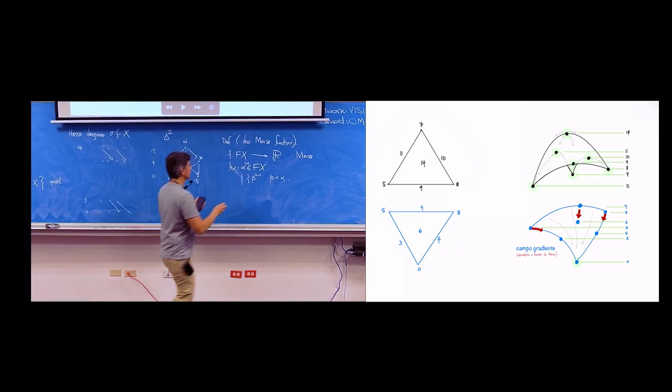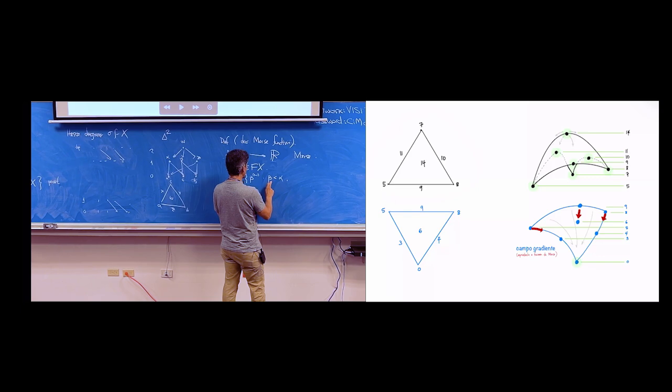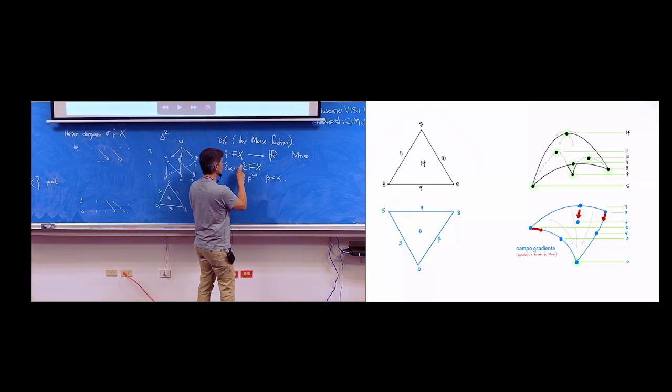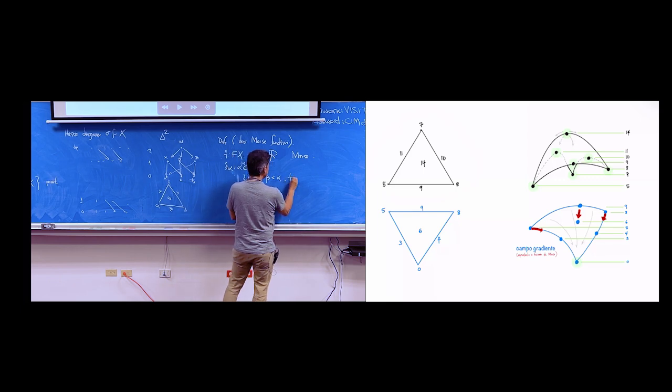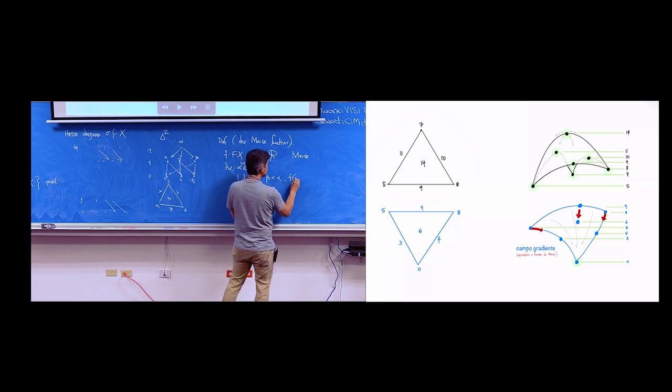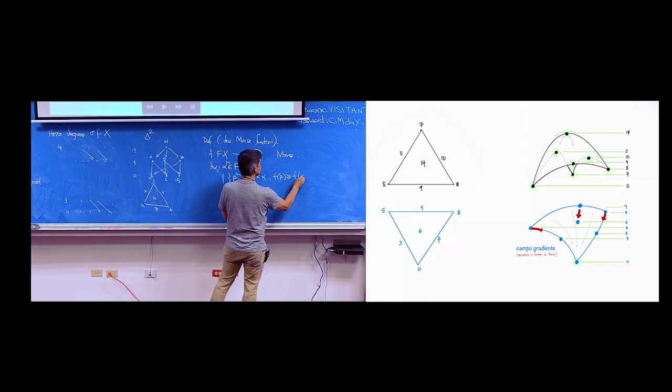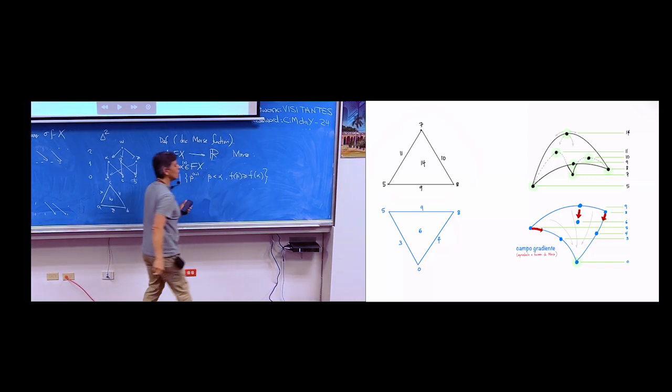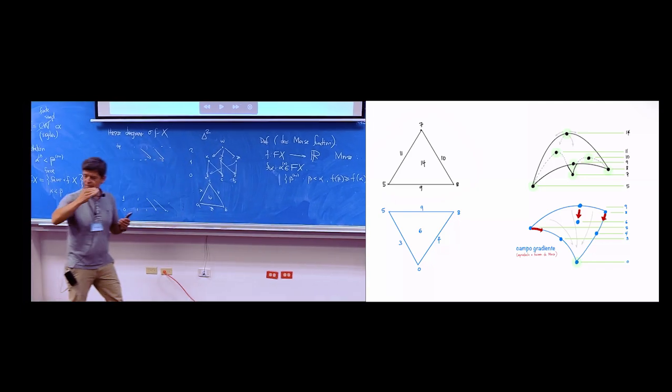But even though it is lower dimensional, and notice that it is a dimension p minus 1 face, even though it is a smaller dimensional face, its value is no less than the value of the higher dimensional face.